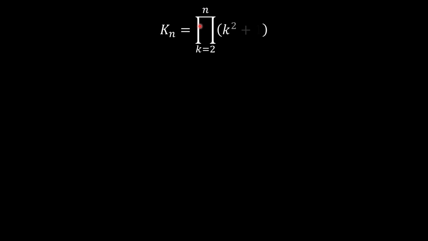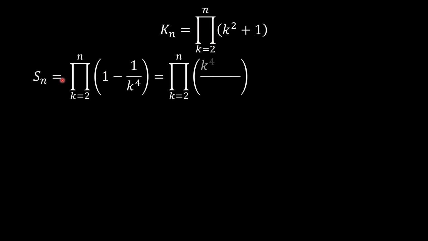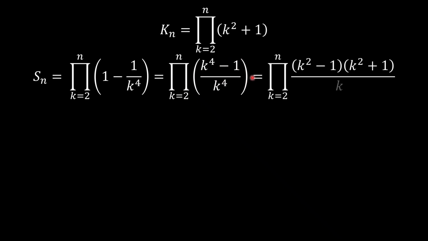So if this is our Kn, then Sn could be expressed as a difference of 2 squares. We can express it as the product from k equals 2 to n of k squared minus 1 times k squared plus 1 over k to the 4th.